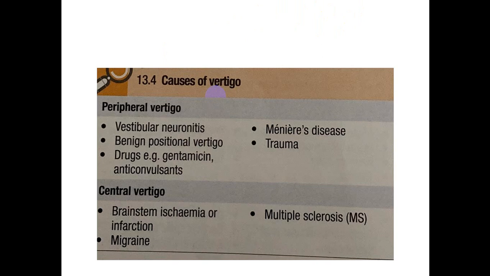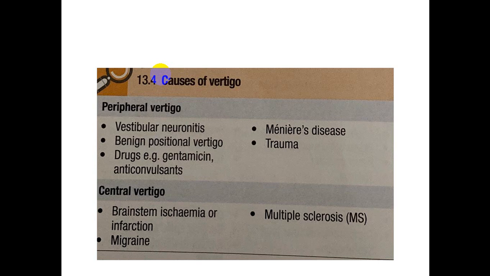What are the causes of vertigo? We have peripheral causes and central causes. The most common peripheral causes of vertigo: number 1, benign paroxysmal positional vertigo; number 2, vestibular neuritis; number 3, Meniere's disease; number 4, vestibulotoxic drugs like gentamicin and anticonvulsants; and number 5, trauma.